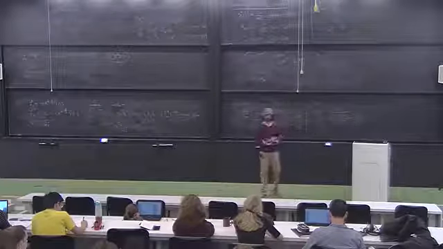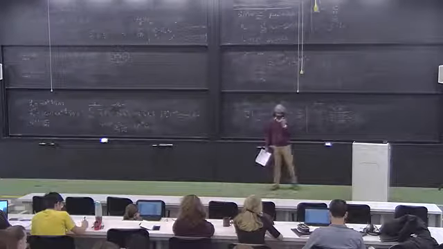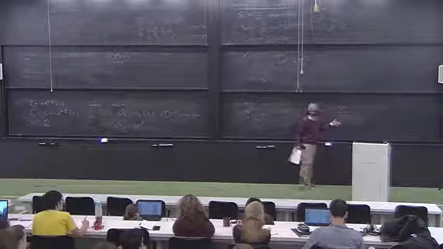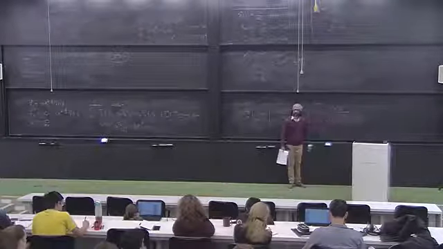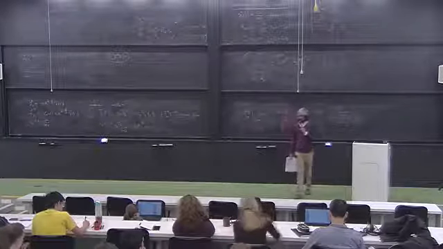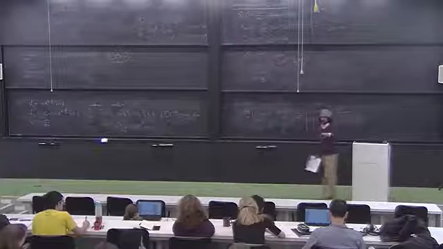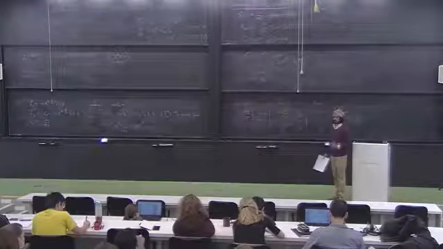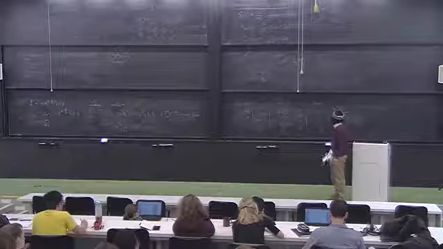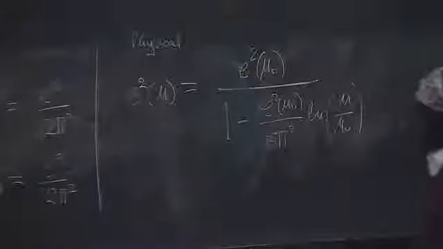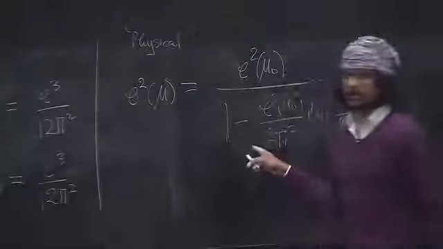Then your theory will tell you what the value of that coupling is at some other energy scale through this formula. So although the renormalization scale is an artificial scale, it allows us to derive the energy dependence of our physical quantities. One interesting aspect of this formula is that it has a pole.